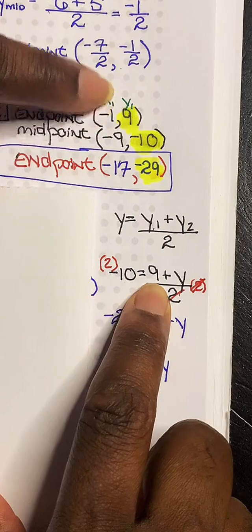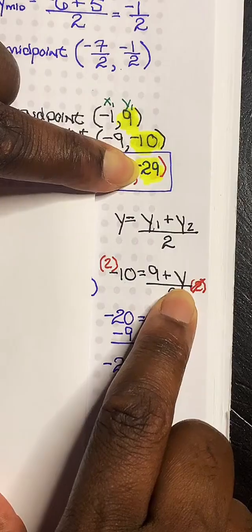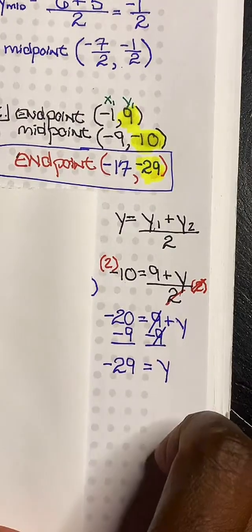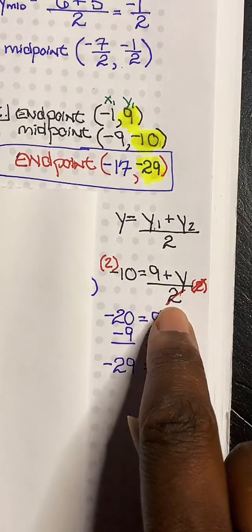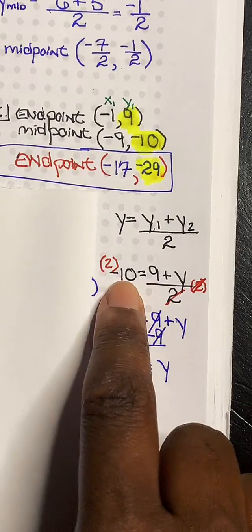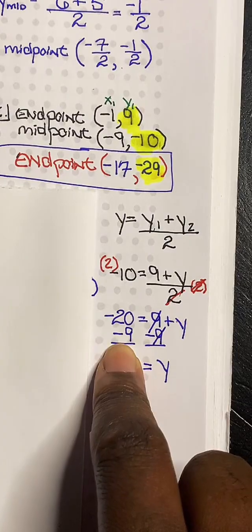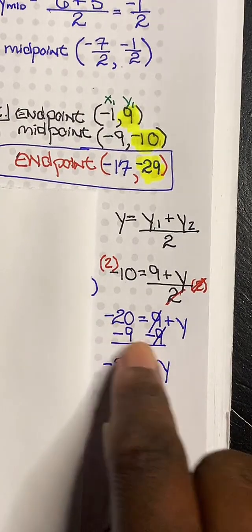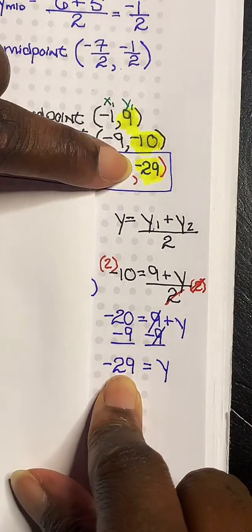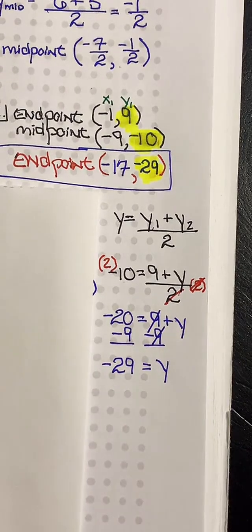The y of the endpoint is 9. And the y of the other endpoint at that time, we didn't know what it was, so we put a y there. Divide by 2. Multiply both sides by 2 so we can get it out of this fraction. Now you have 2 times -10 gives me -20. Subtract the 9 on both sides. -20 minus 9 gives me -29. And that is the y value of the other endpoint. And that is how we do it.